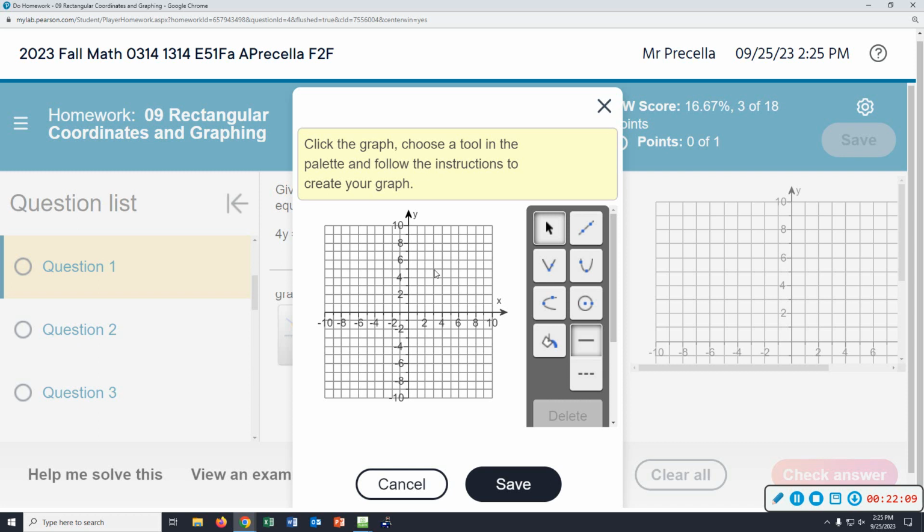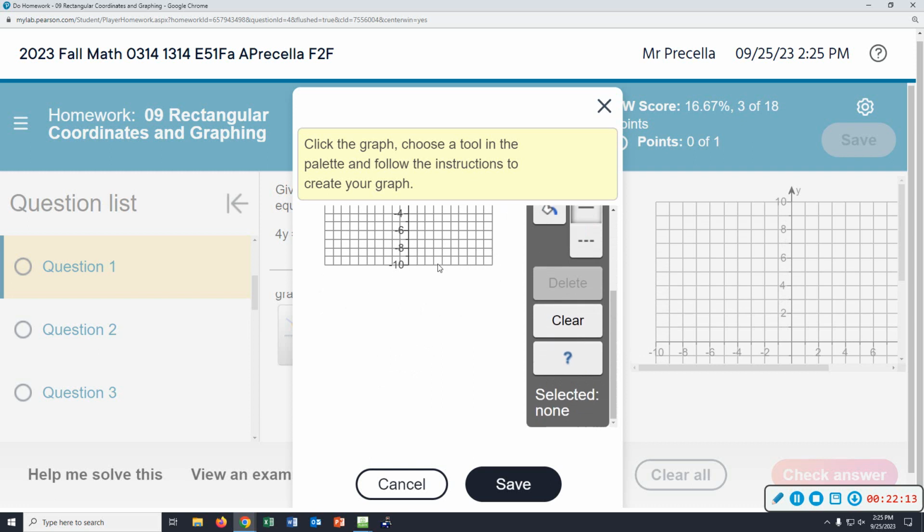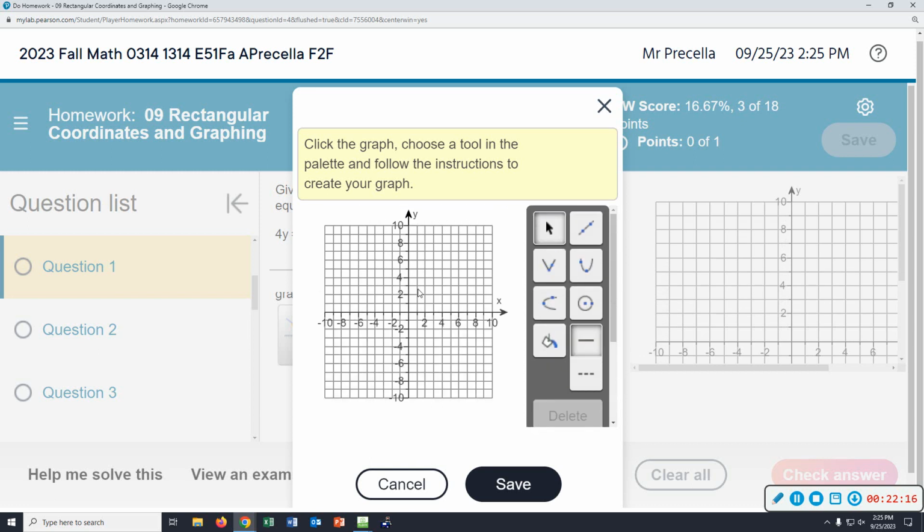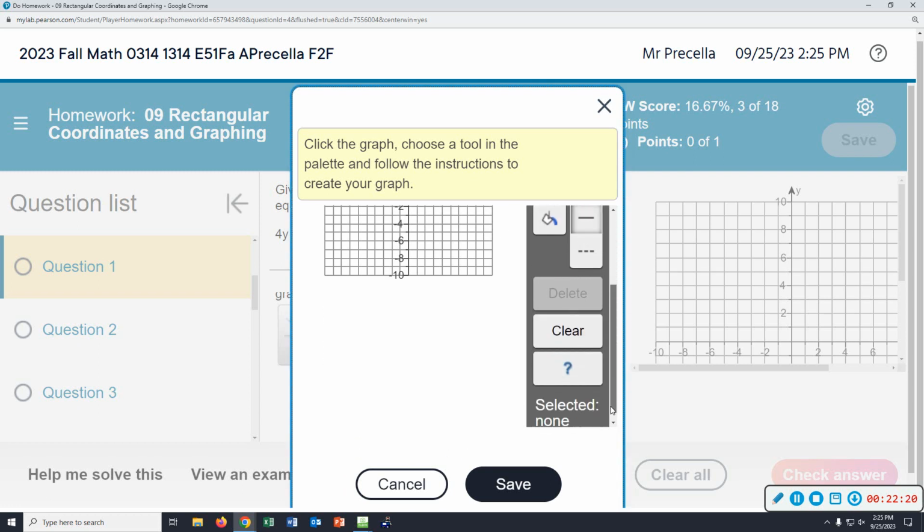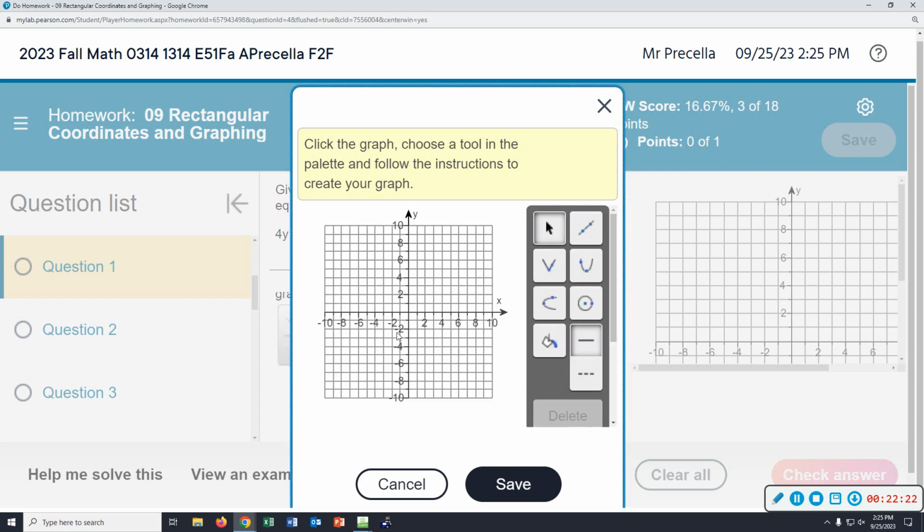Let's see. Click the graph, and hold on. Let me see something. Come over here. Y'all tell me, we know the graph is going to be a line. One of these tools is a line tool.